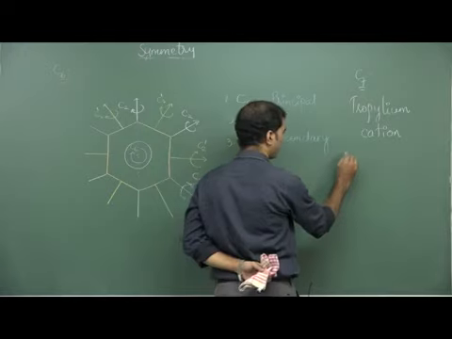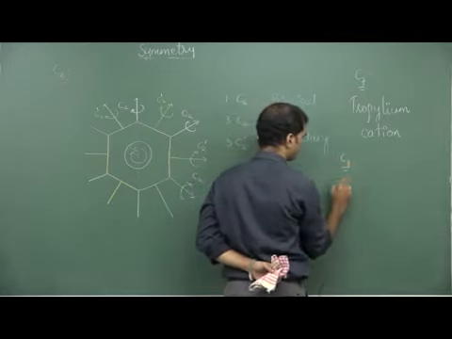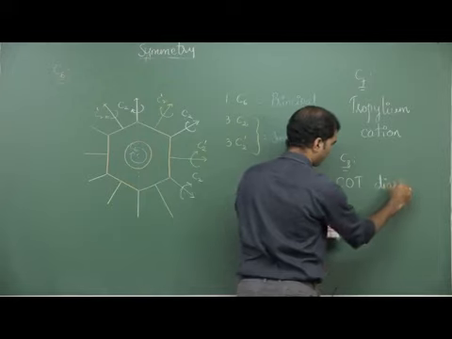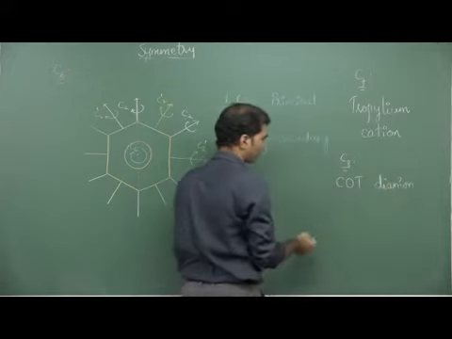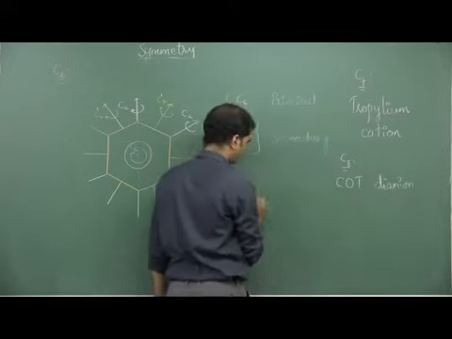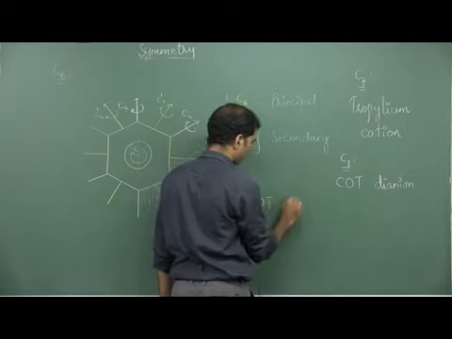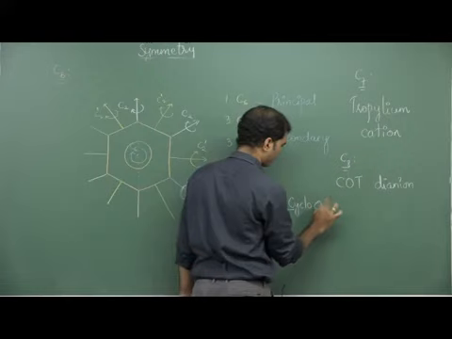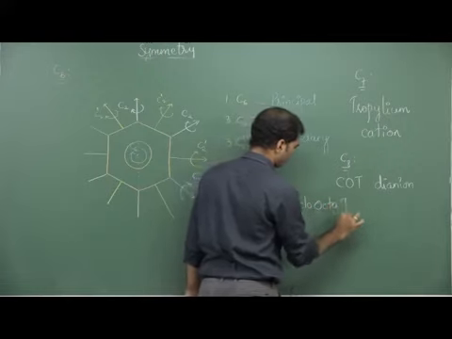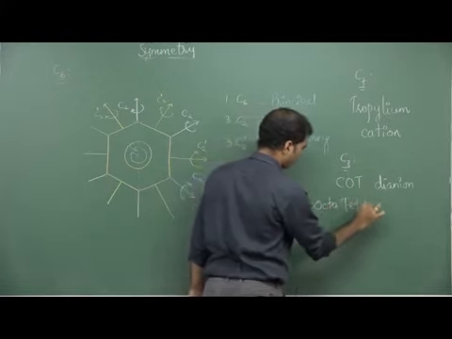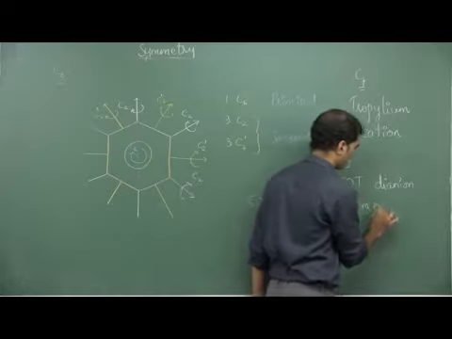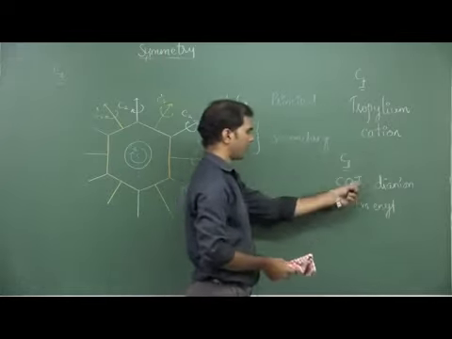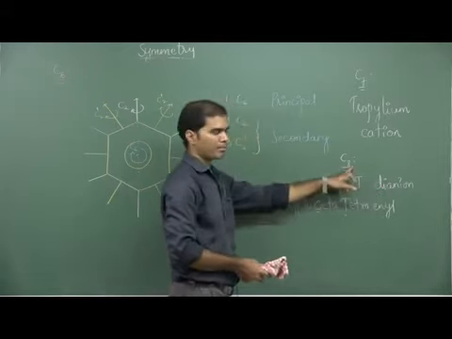And for C8, I am giving you the COT dianion, where COT represents cyclooctatetraenyl dianion, which is the example for C8.